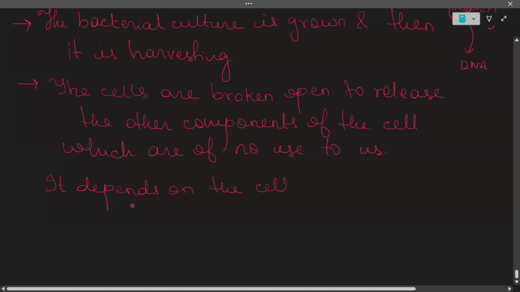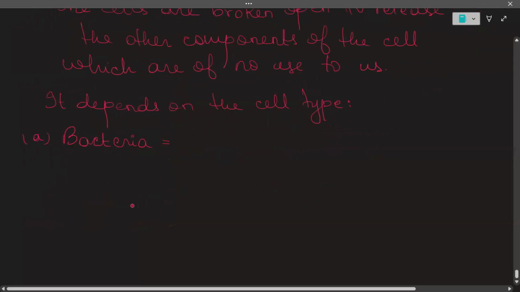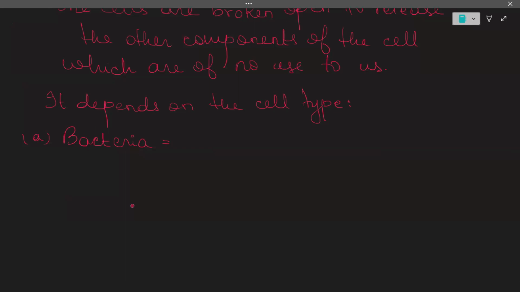Okay, I'll tell you. Do you remember what the cell wall of bacteria is made up of? No? It's made up of cellulose and pectin. That is for plants. Cellulose is for plants. Bacteria has peptidoglycan. You said pectin, I said peptidoglycan. It's very different.